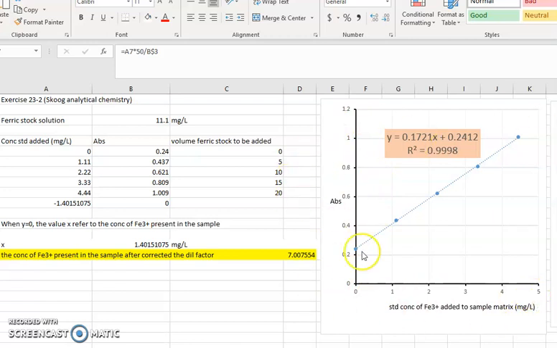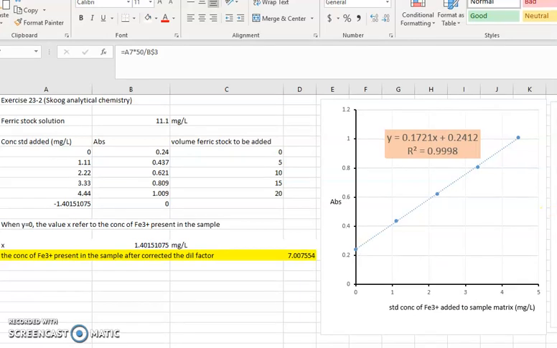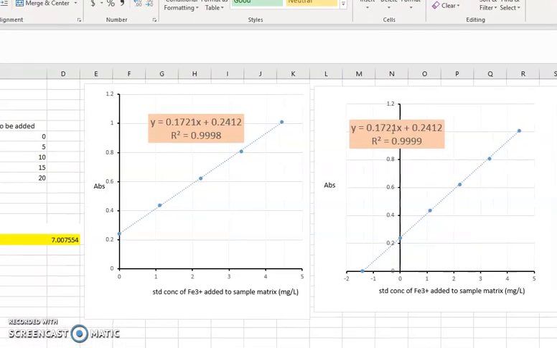The next step is to find out the value of the x-axis when y is 0, basically when the absorbance is 0.